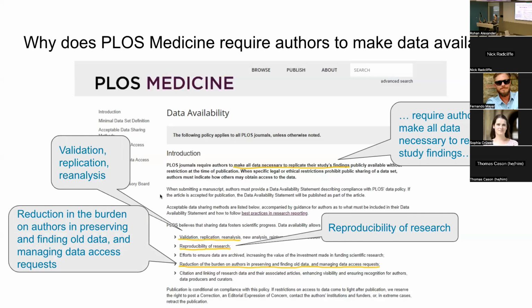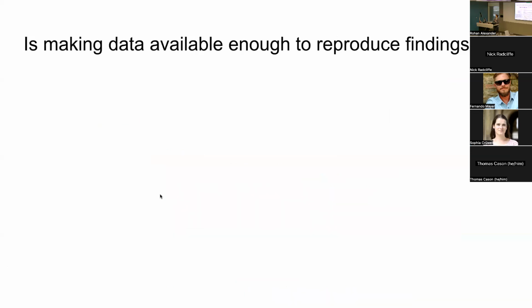But is making data available really, does that lead to reproducibility of research?